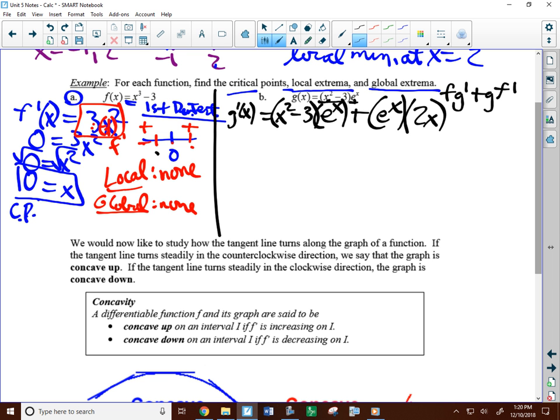Okay, I'm doing critical points, so I will set this equal to 0. Now, before you go to distribute, you could, but I think an easier way is that there are two big terms here that are multiplied. They actually each have an e to the x in them, a GCF. So I'm going to factor out an e to the x from each one.